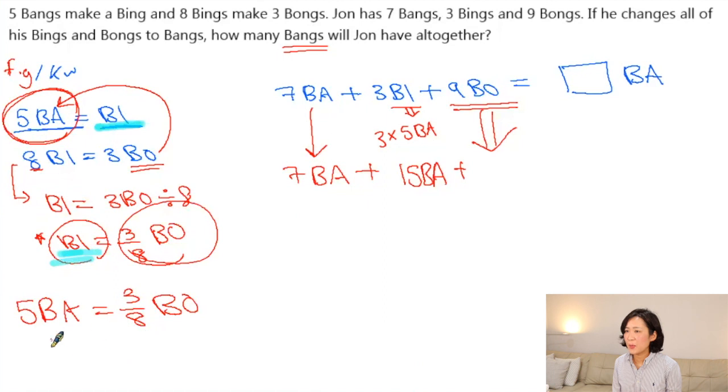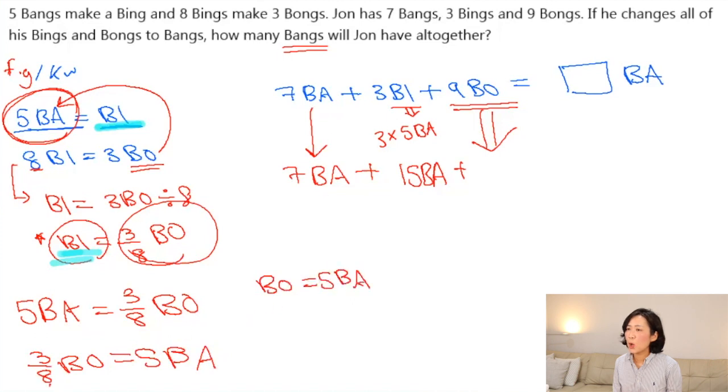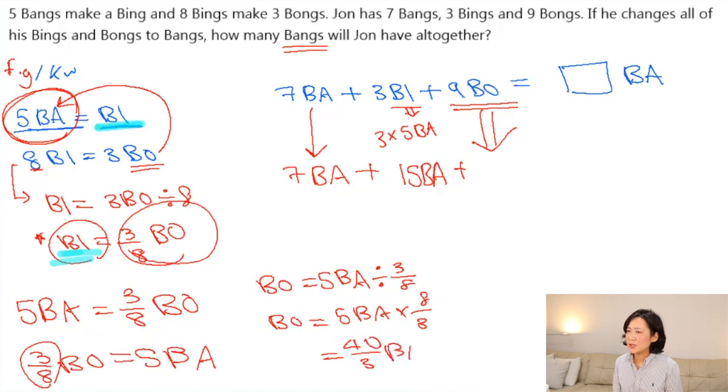Now we need to find the 9 bongs. Let's have a look at 3/8 bong equals 5 banks, because I'm looking for the bong. So 1 bong is 5 banks divided by 3/8. Then 1 bong is equal to 5 banks times 8/3.